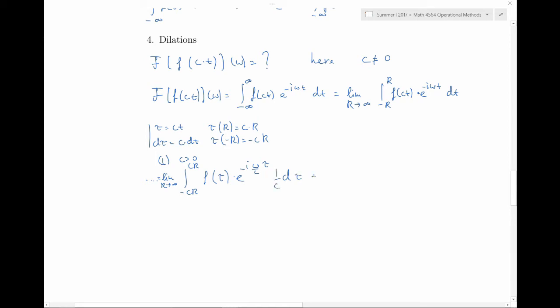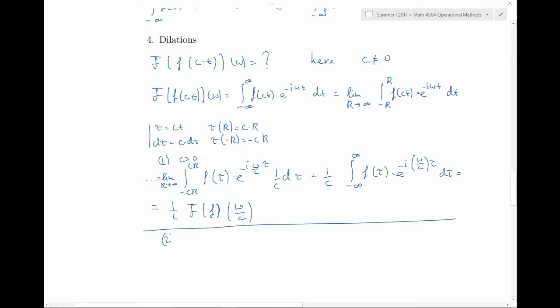So this is simply 1 over c. And if we let R go to infinity, then this is just going to be the integral from minus infinity to infinity of f of tau times e to the minus I omega over c tau d tau. So it is simply 1 over c, the Fourier transform of f, but computed at omega over c. Alright, that was case 1.